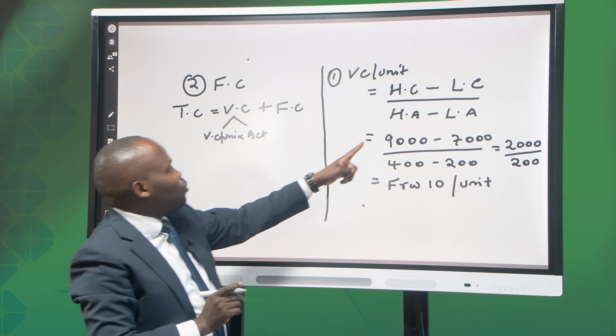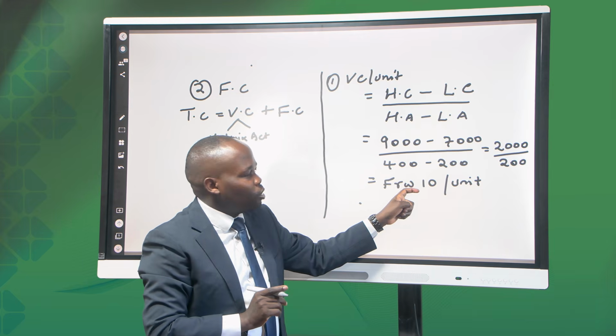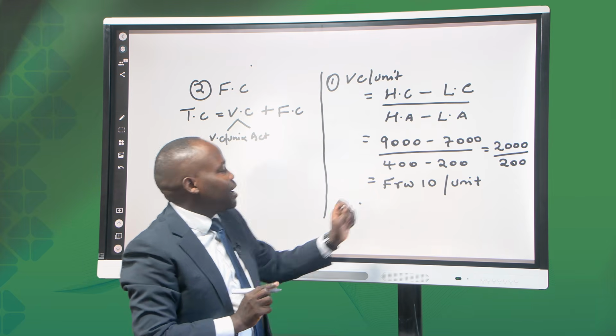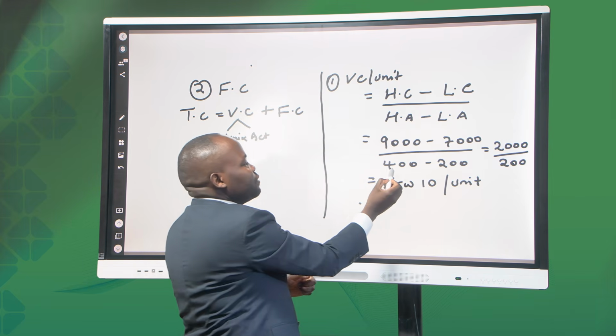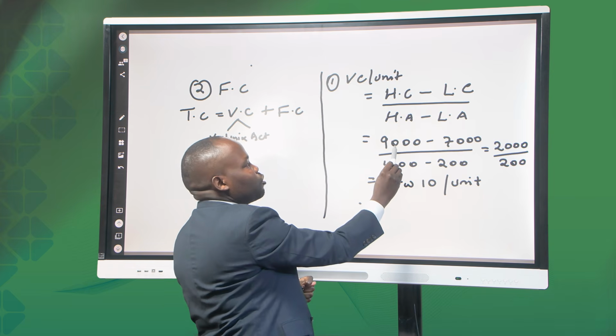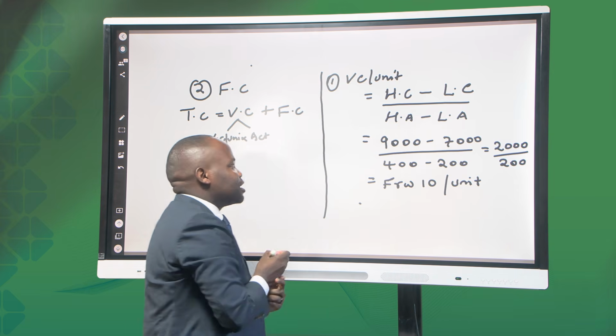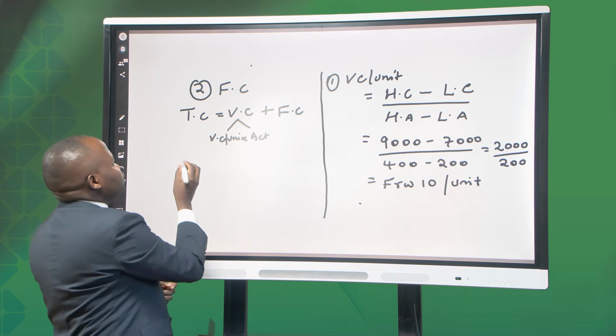In our step 1, we have already calculated the variable cost per unit as 10. And then we have an activity of 400 and the corresponding total cost is 9,000. So we'll come and put it here.